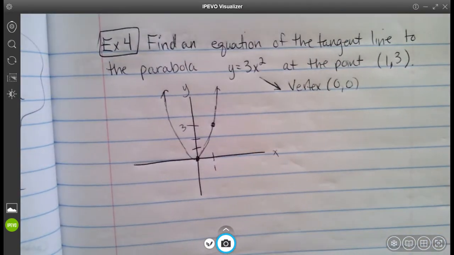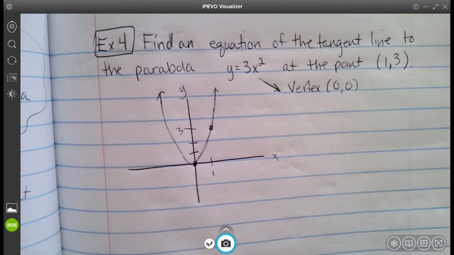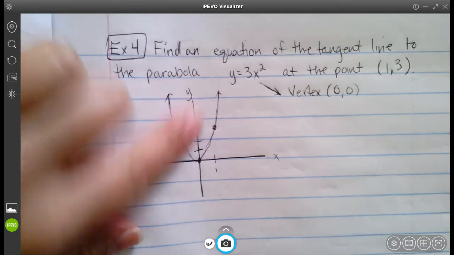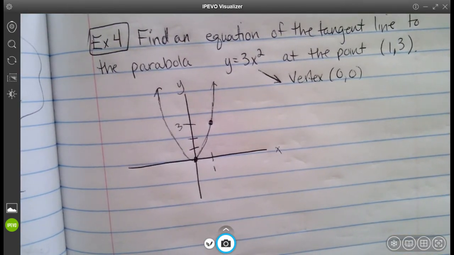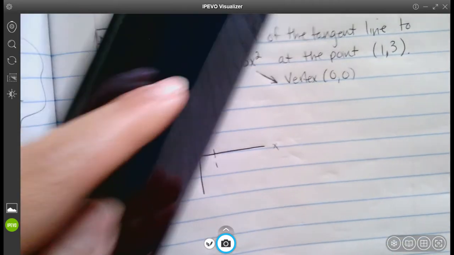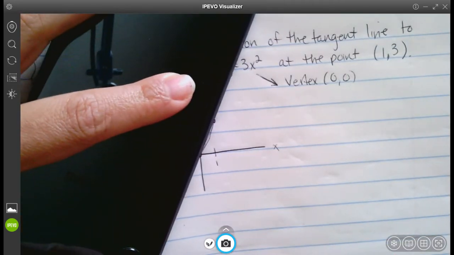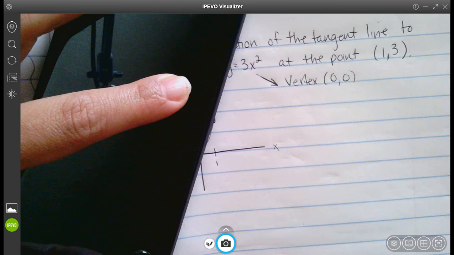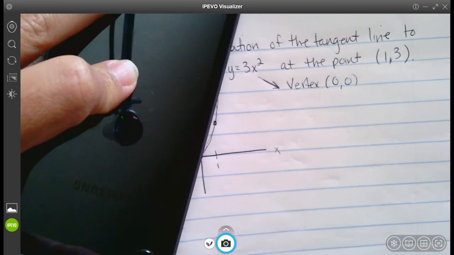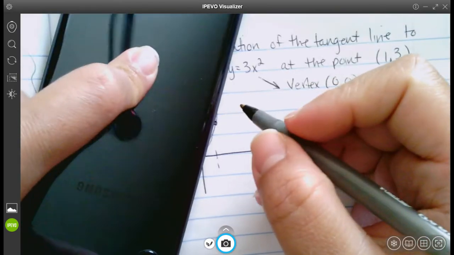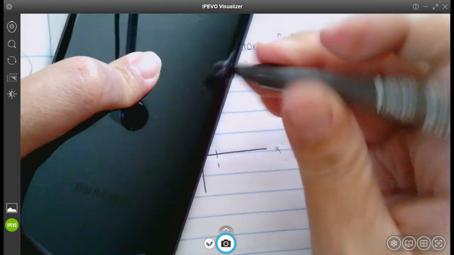Okay, I want to find an equation of the tangent line to the parabola. So what I'm going to do first is try to construct this tangent line. How am I going to do that? Let me just grab my phone here and try my best to get it to just cross that point. And if it doesn't come out that great, that's okay. You don't have to be perfect. You know me with math, I like to be as accurate as possible.